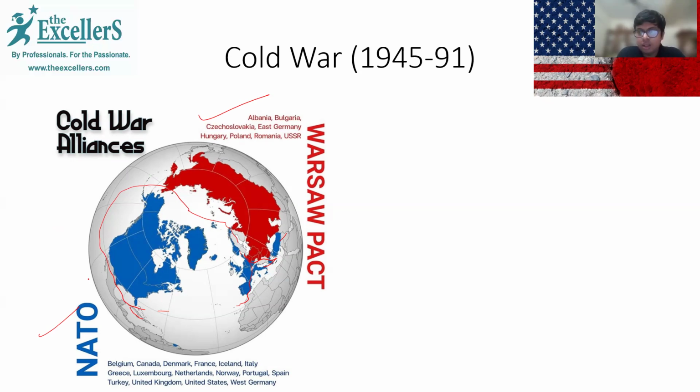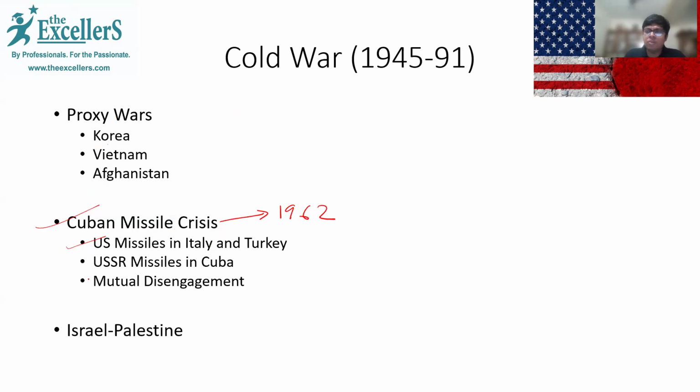So USSR tried to do it silently without any country knowing. It was not very clear what they were actually doing. It was US pipelines and US intelligence that actually found that USSR was doing it. So it took a lot of time for them to confirm all these details.